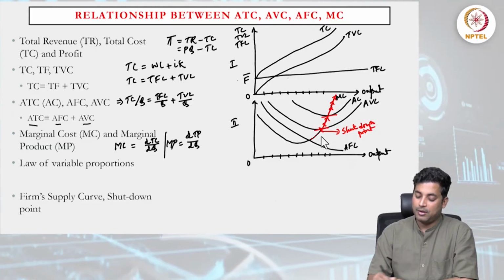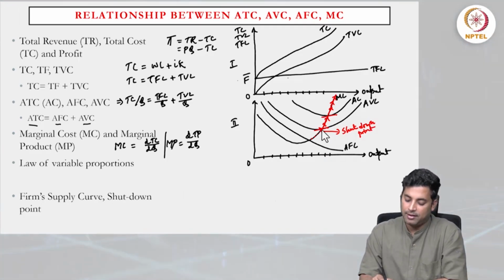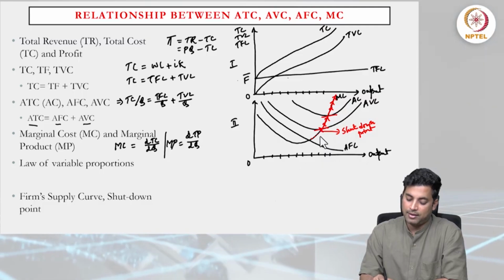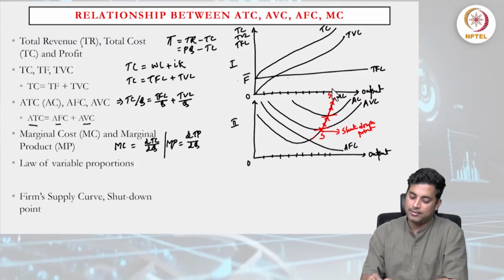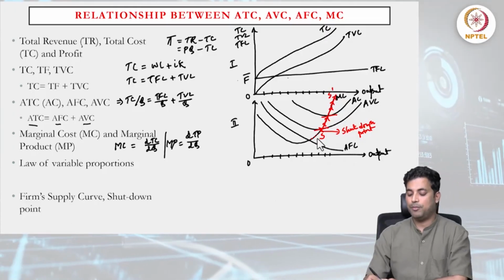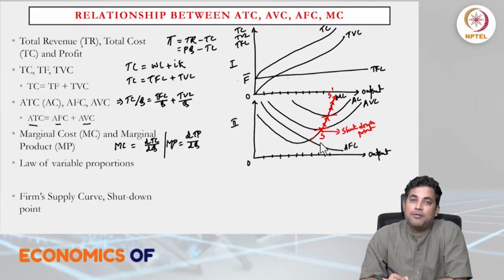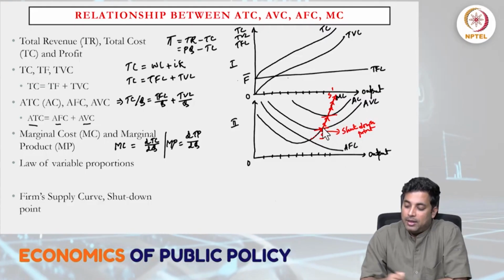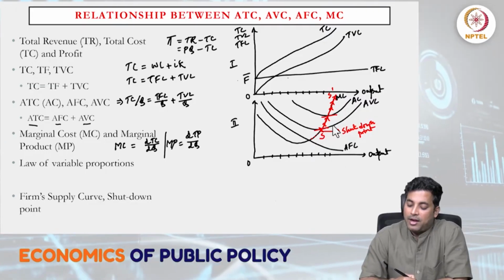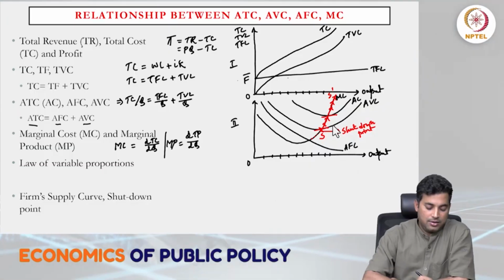So below this point, say here S, and say this is S dash, below S, the firm can't even recover average variable cost, and therefore any point above this point, above average variable cost, will be the firm's supply curve.